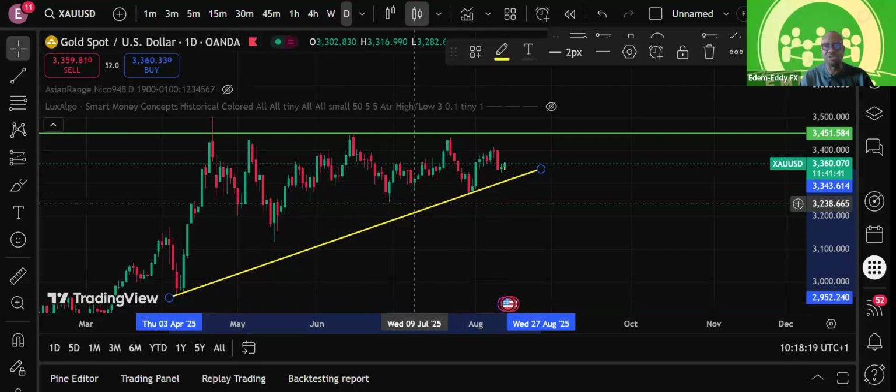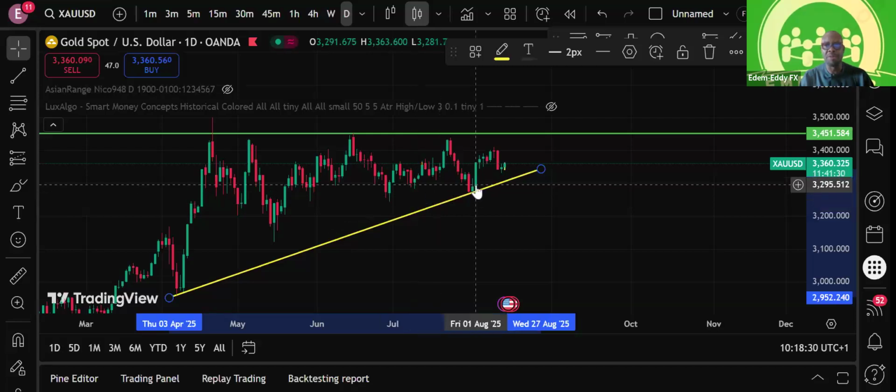Having understood this, it is always advisable and recommended that while trading and identifying your trend, you use the higher time frame bias to do your trading. From here, every candle you see represents a day, that's 24 hours.